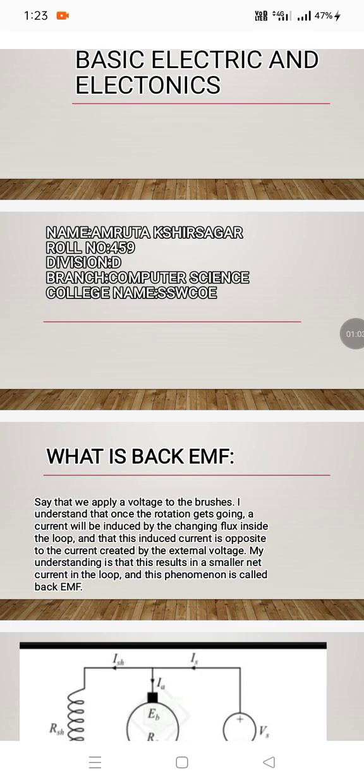Back EMF is denoted by the symbol EB, and it is given by EB equals phi P Z N upon 60A in volts.